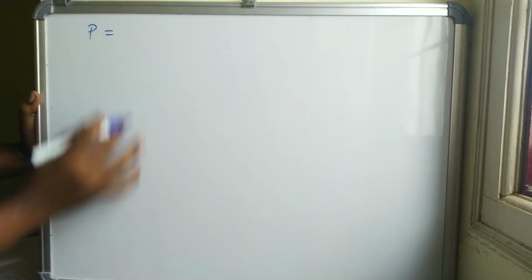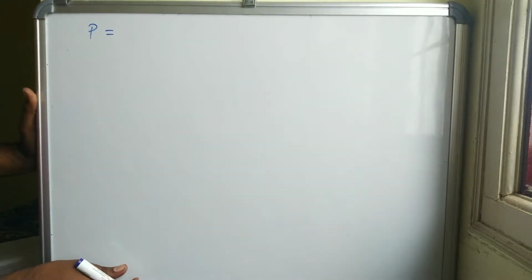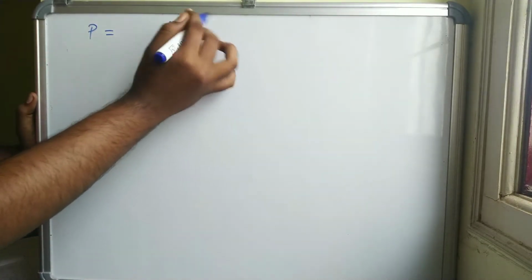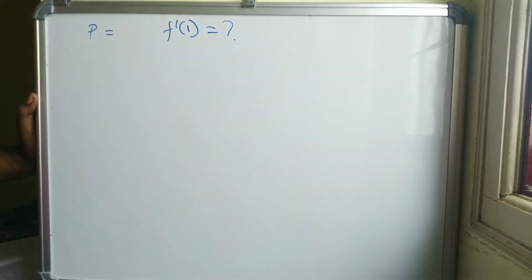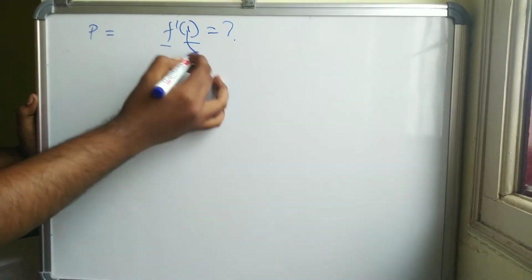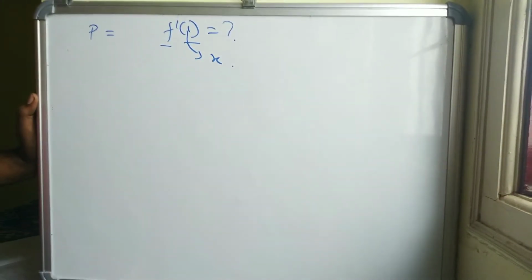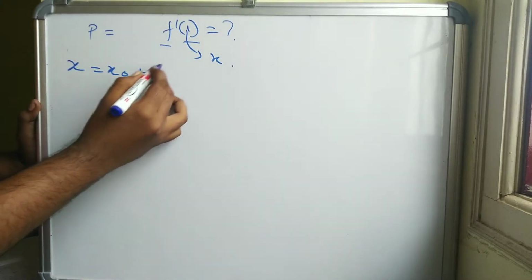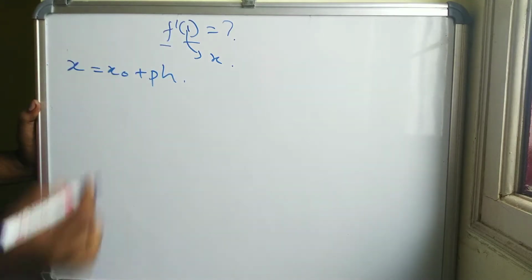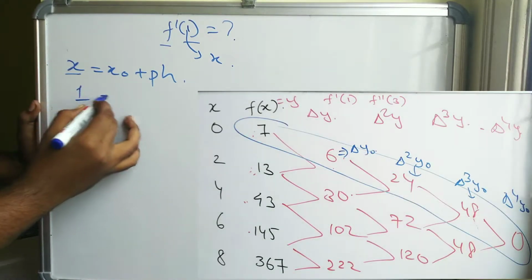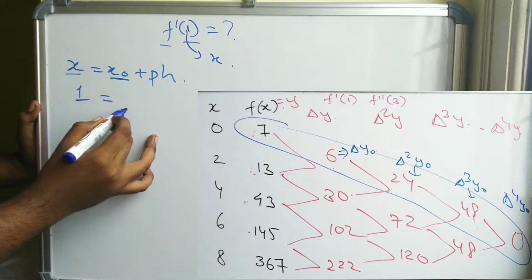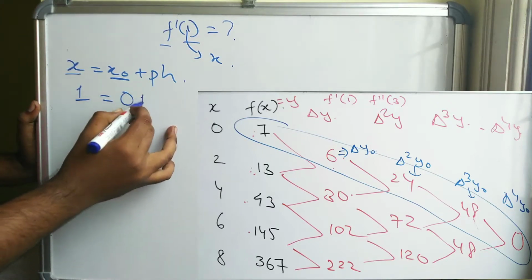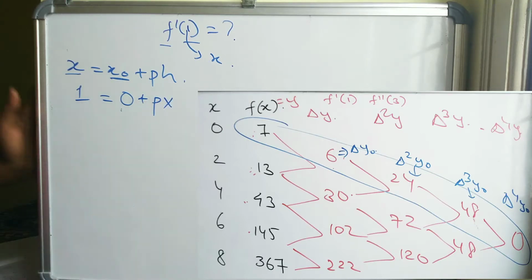Okay, so x is given in the question, right? It is asked f dash of 1 we need to find. So x value is 1. The formula is x is equal to x naught plus ph. x we know, 1. x naught we know, the first value of the x terms. p we don't know. h is nothing but the width.